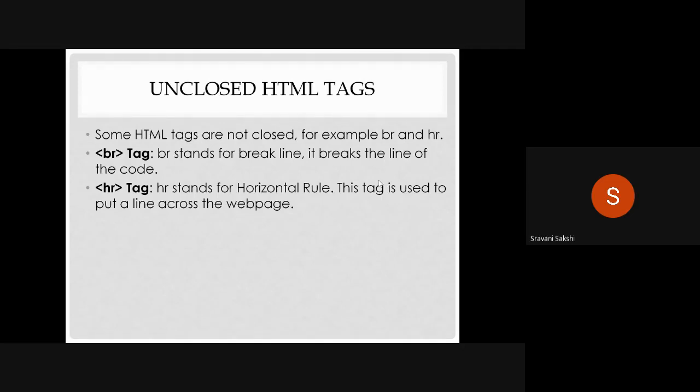Okay, next, HR. So this is a horizontal rule tag which is used to give a line across your web page. So we say horizontal rules, vertical rules. So to draw a line horizontally across a web page, we are using this HR tag. So these are the two tags which do not have ending tags, and these are also called unclosed HTML tags.